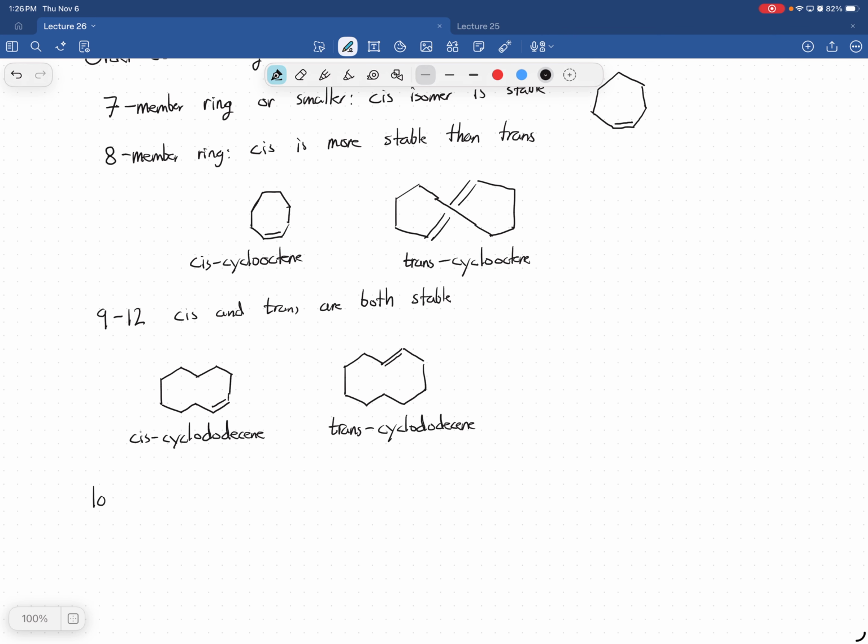So if we're anything larger than 12, so larger cycloalkenes, we get that trans is more stable than cis. Like that. Okay. All right. Are there any questions on these cis and trans isomers?